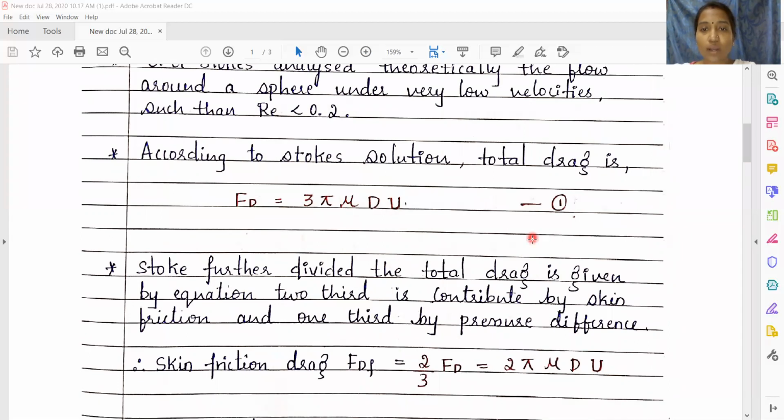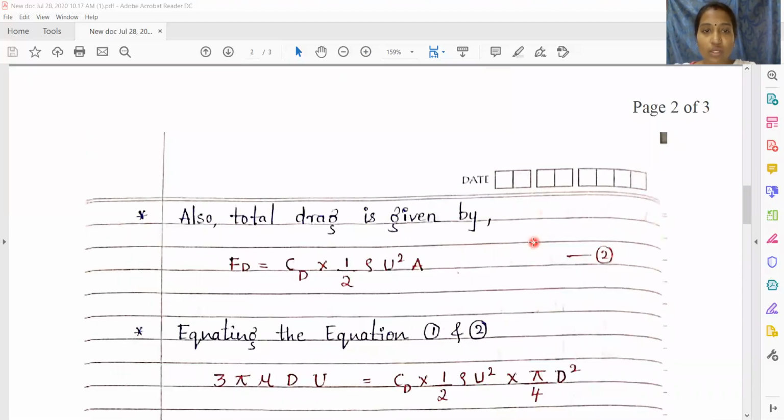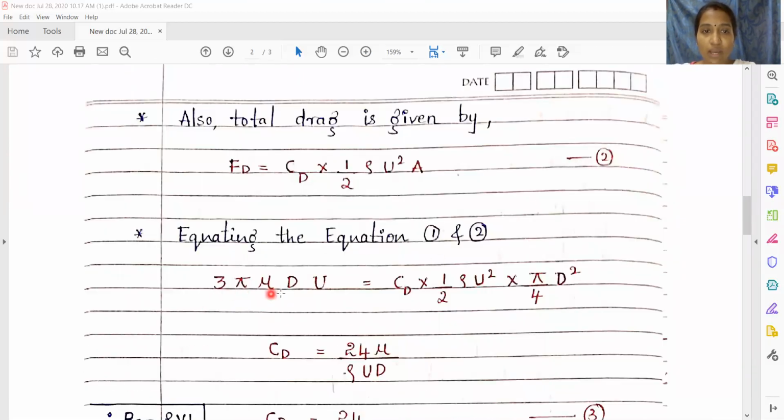So equating 1 and 2, this 3 pi mu d u is equation number 1 and this is equation number 2. By equating these two equations, pi will get cancelled, d will get cancelled, and again u and one more u will get cancelled.